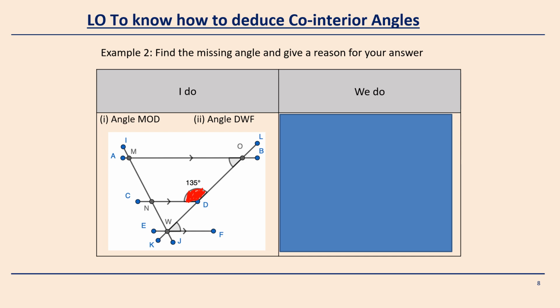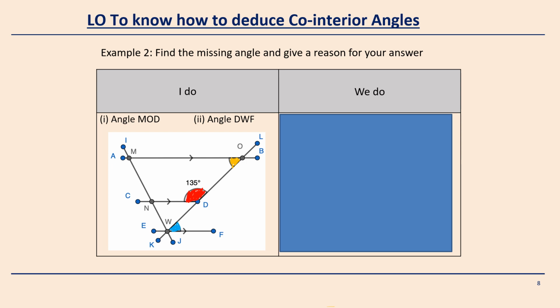Then I'm going to colour this one yellow. This is one of the ones we're asked to find, and I'll colour this one blue. We're asked to find this one. So let's look at this one. Remember how we find what an angle is? We MOD.